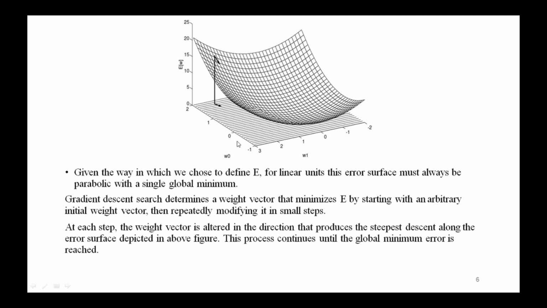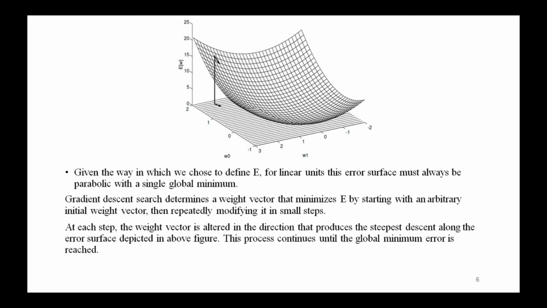Given the way in which we define capital E for linear units, this error surface must always be parabolic with a single global minimum. The specific parabola will depend on a particular set of training examples. So this figure represents the error of different hypotheses.